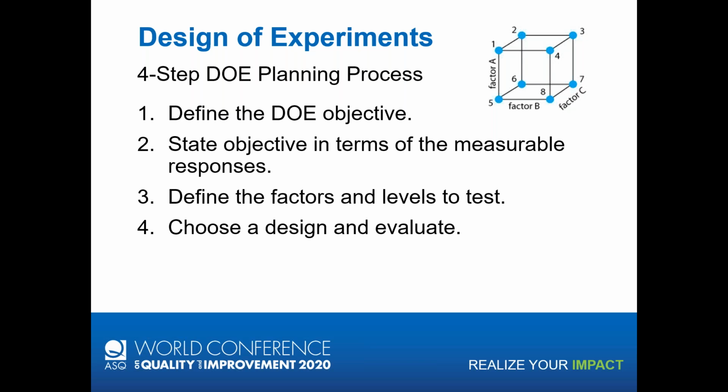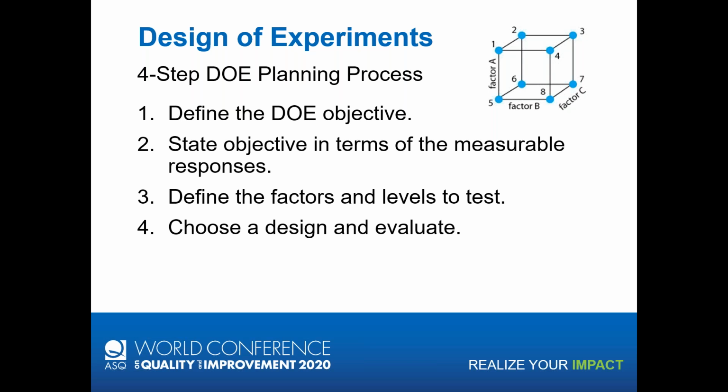Then we focus on the responses. So objective first, then responses second. What do you know about the responses? We want to detail the responses in terms of a signal to noise ratio. So we'll be looking at that.